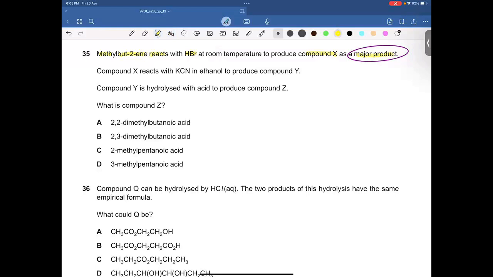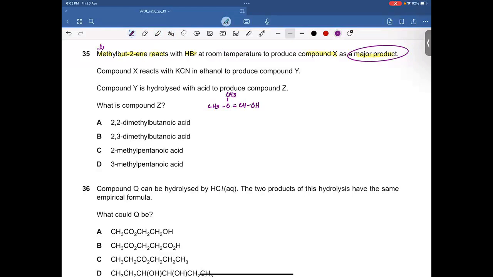So let's solve the first part of the question. This is methylbutene, with carbons numbered 1, 2, 3, and this one is 4.